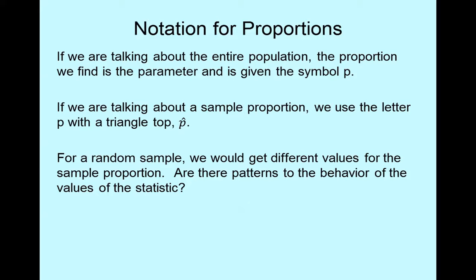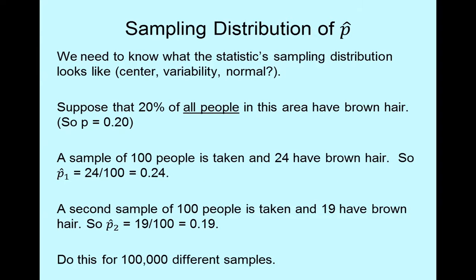For a random sample, we would get different values every time we got a different sample and calculated the sample proportion. The question is, are there patterns to the behavior of the values of the statistic? The sampling distribution of P hat is what we're going to be discussing.